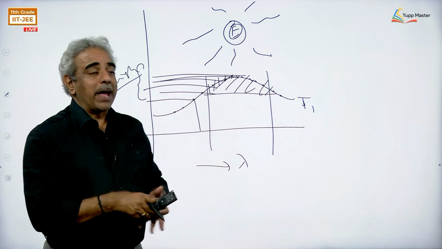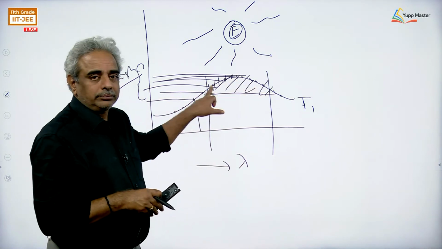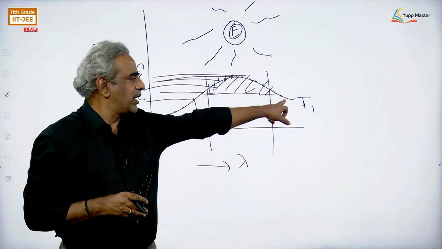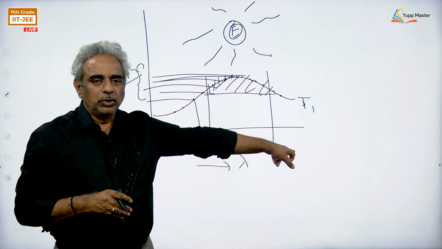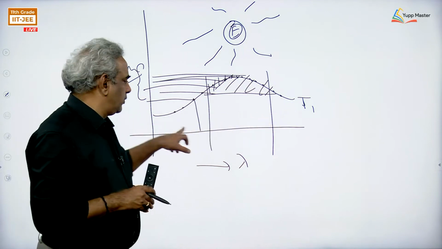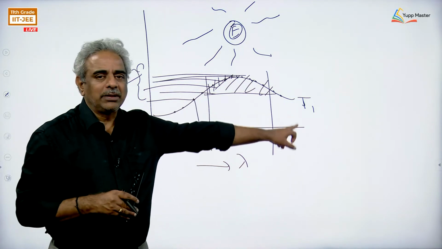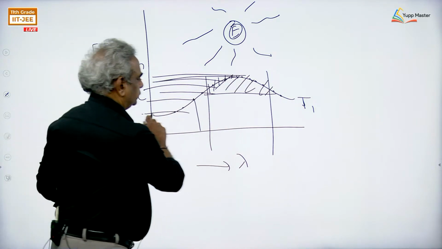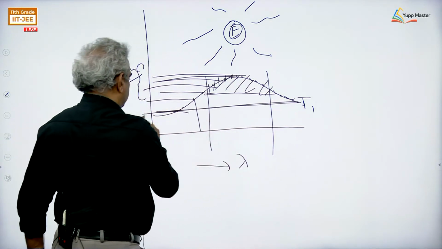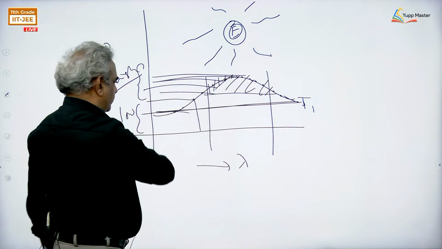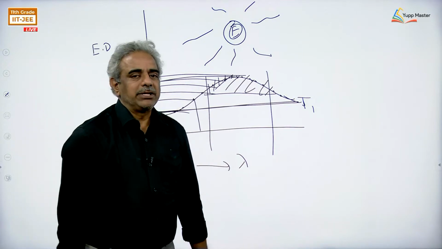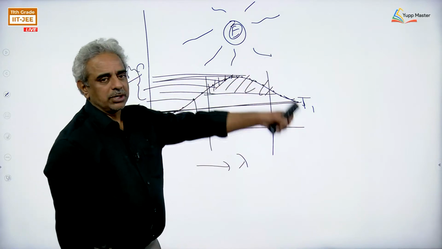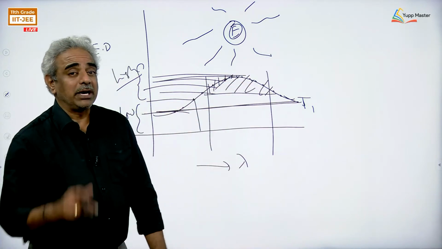Most of the energy is packed in these radiations. Very few radiations have very low wavelength and high wavelength. See here, less. My dear children, students, try to understand. Every point is a representation of a radiation, a graphical representation.